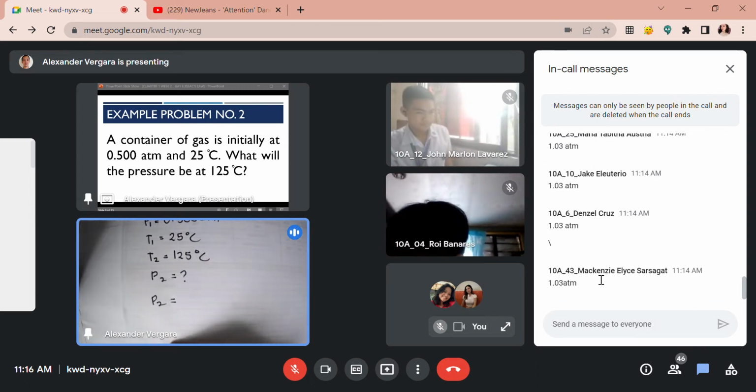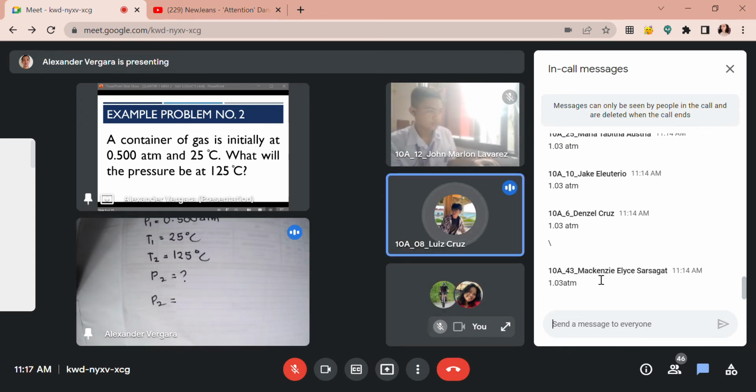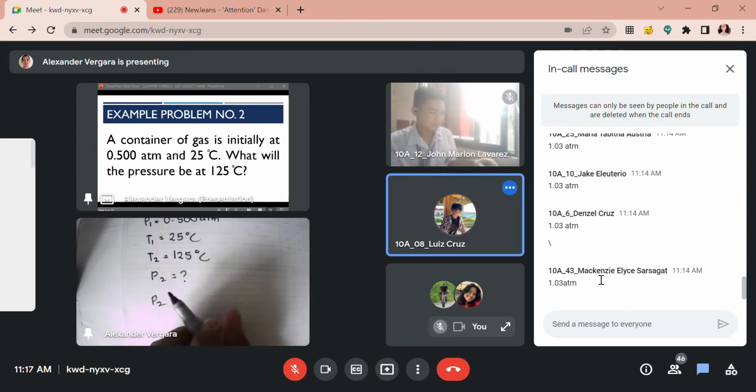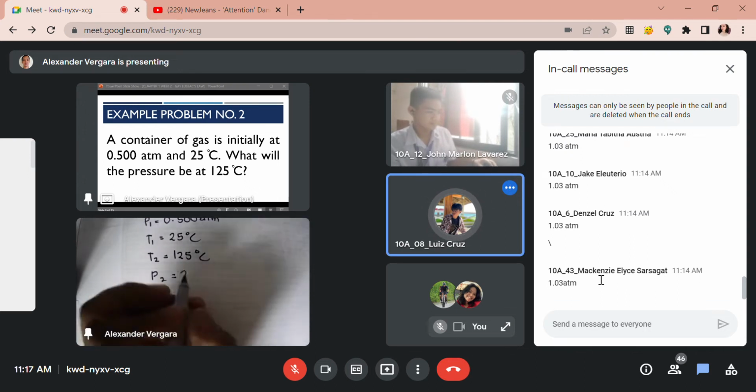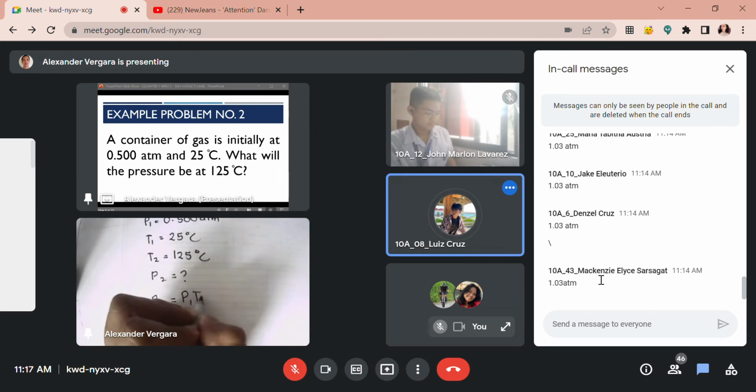That's already our example a while ago. The formula for P2 is P1 times T2 over T1.